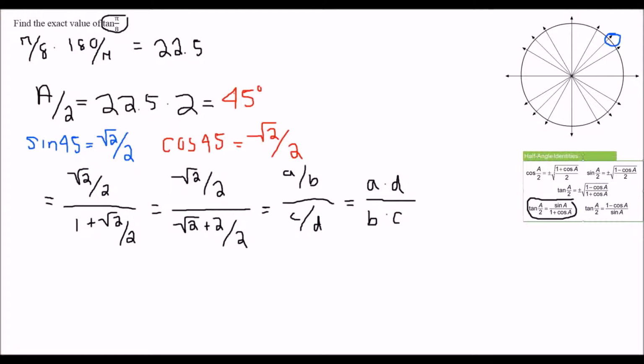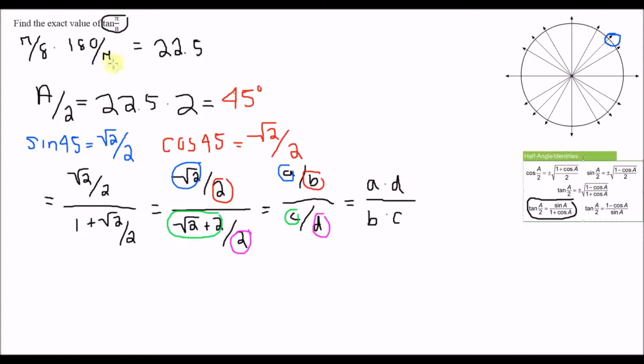So we have a, we have b, we've got c, and we've got d.